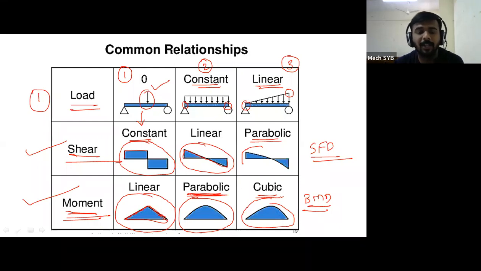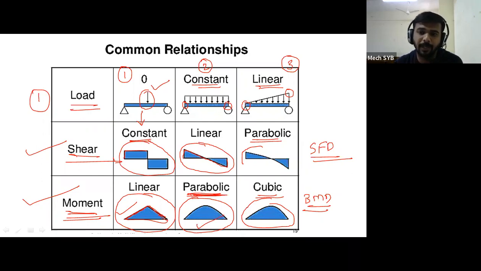To represent it in the form of a diagram, when to use vertical lines, when to use horizontal lines, when to use inclined lines, when to use a parabolic curve, when to use a cubic curve, that we have to understand from this particular table. Therefore always keep this table in your mind. If there is a point load, the SF diagram is drawn by horizontal and vertical lines and the bending moment diagram by an inclined or linear line. If there is a UDL, the SF diagram is an inclined line and the bending moment diagram is a parabolic curve.